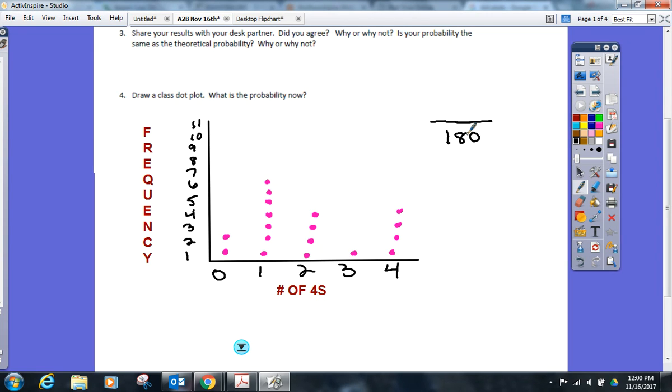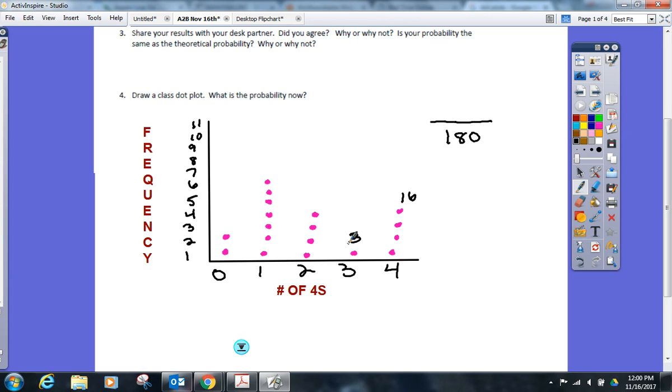Okay, how many 4s came up? Let's count them. Well, this represents 4 every time. So how many 4s were here? 4, 8, 12. So there's 16 4s that came up here. How many here? 3 4s, yep.